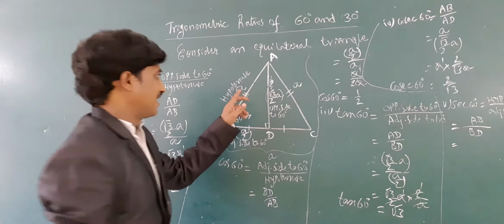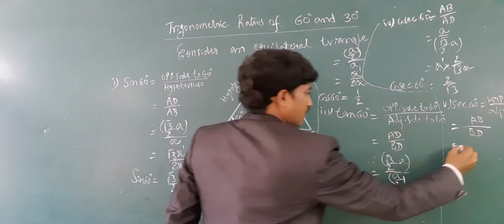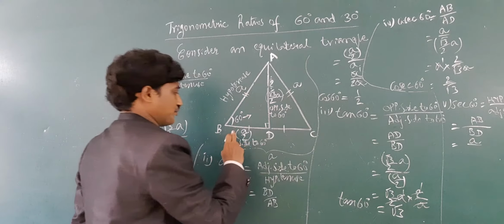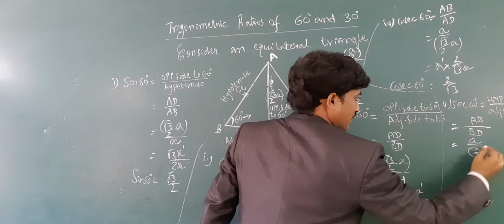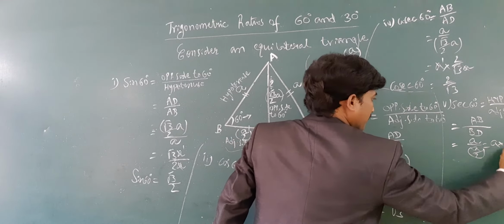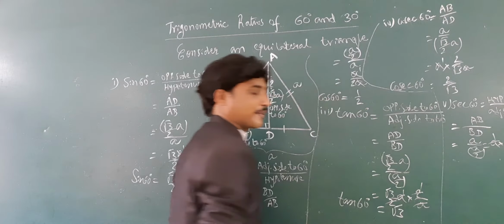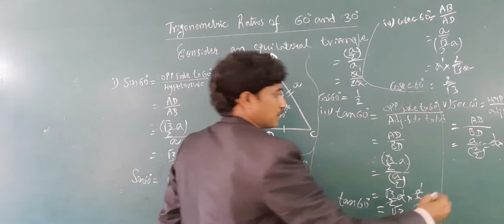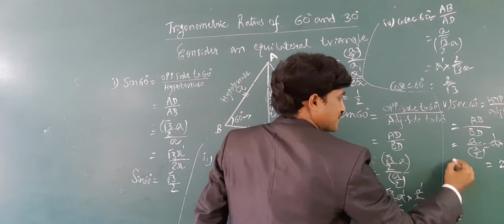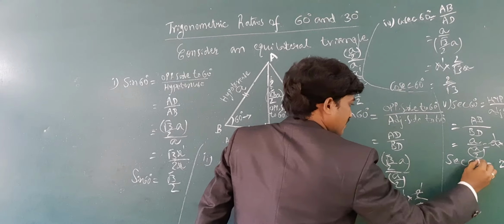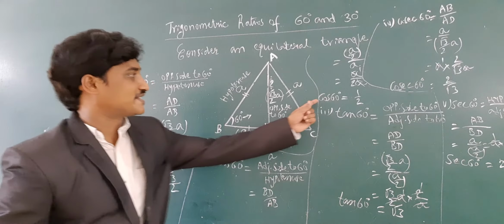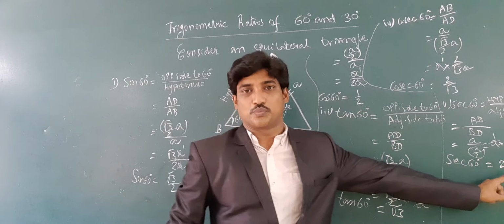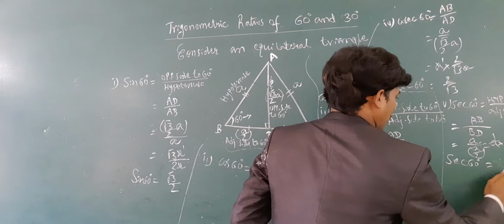AB length is A units by BD length A by 2. We know A by 2 reciprocal is 2 by A. So A gets cancelled one time, 1 into 2 is 2. So secant 60 degrees is 2. Secant 60 is the reciprocal of cos 60. Cos 60 is 1 by 2, reciprocal 2. Verified the value.